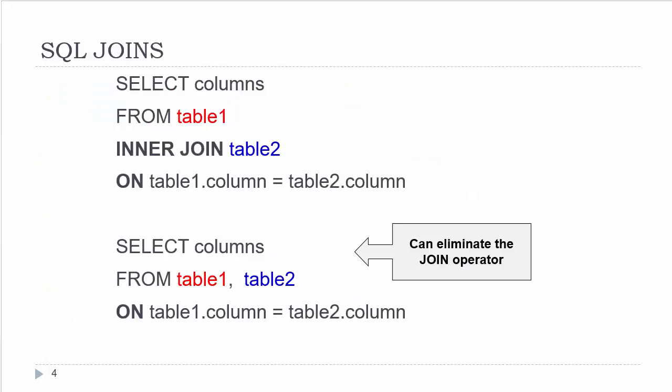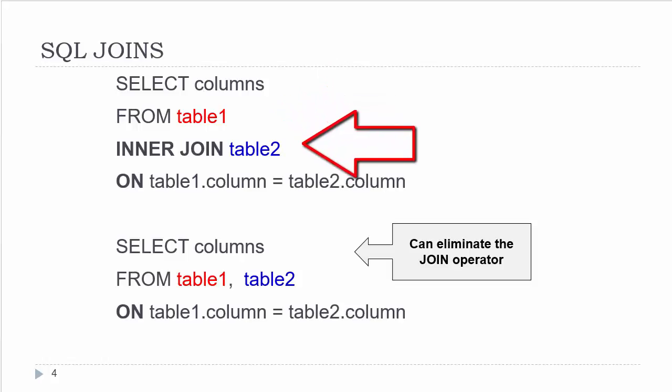There are two ways that you can write a join. Also, you always need to select. You would need to identify what columns you want in the result set, and these columns would be between the two tables. Then you need to specify the first table.